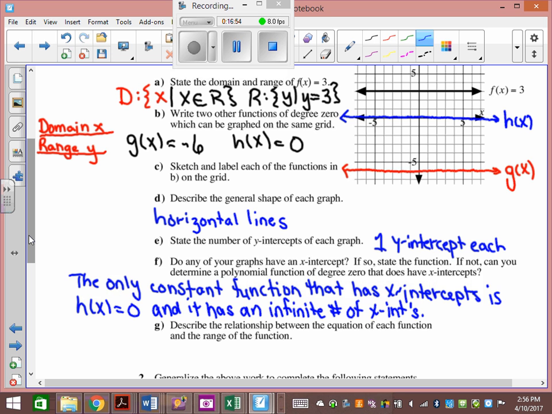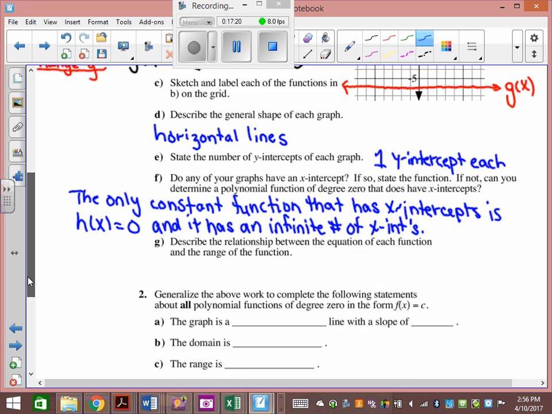Describe the relationship between the equation of each function and the range of each function. So the f of x equals 3 function, the range was y equals 3. The h of x function, which is at 0, the range would be y equals 0. And the g of x function at negative 6, the range would be y equals negative 6, right?